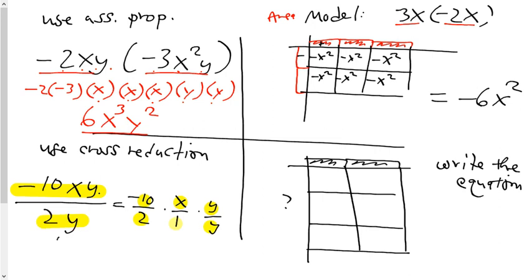So when we think of it this way, what it allows us to do is divide or cross-reduce the coefficients. Because if I had negative 10 over 2, I'd reduce that down to negative 5 over 1. X over 1 doesn't change, it just becomes x.